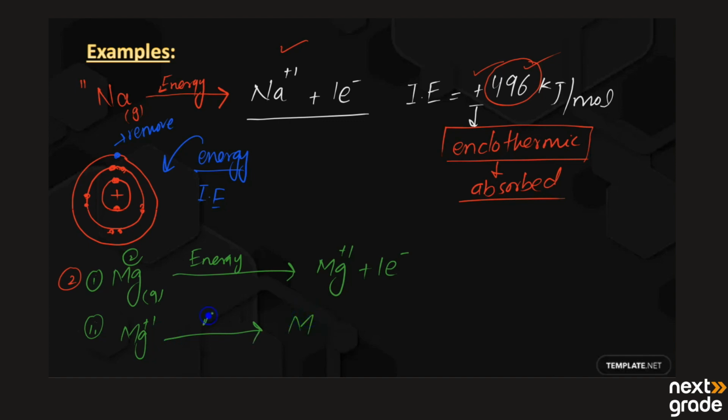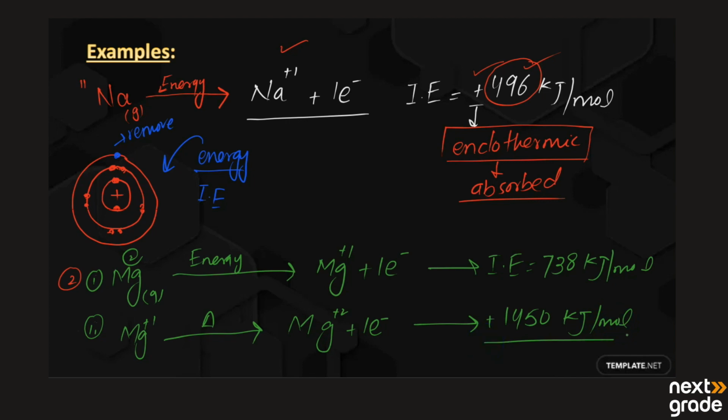By providing energy, we get magnesium +2 and an electron. Its first ionization energy is almost 738 kilojoule per mole, and its second ionization energy is +1450 kilojoule per mole.